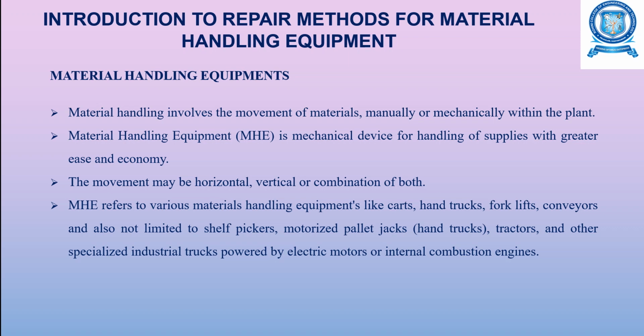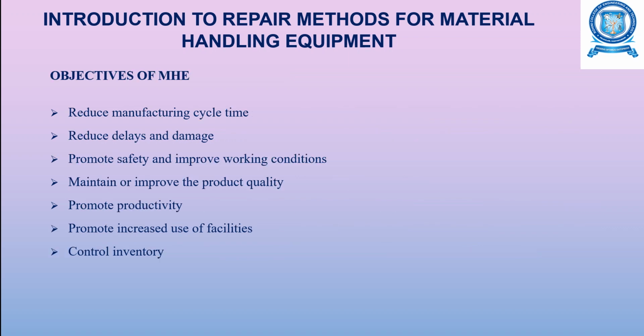So MHE normally refers to various material handling equipments like carts, hand trucks, forklifts, conveyors, and also it's not limited to shelf pickers, motorized pallet jacks, that is hand trucks or tractors, and other specialized industrial trucks which are powered by electric motors or maybe internal combustion engines.